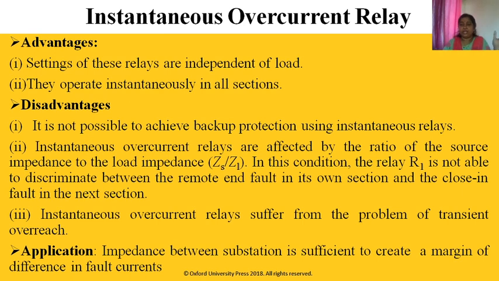If there is a sufficient difference in the fault current, the relay will definitely discriminate. So this scheme is used where ZS is less than ZL, that is, where the source impedance is small compared to the line impedance.